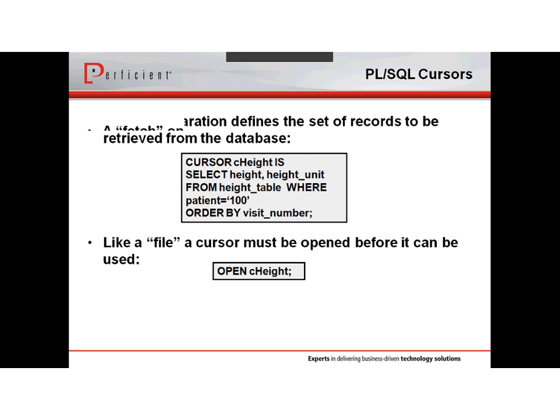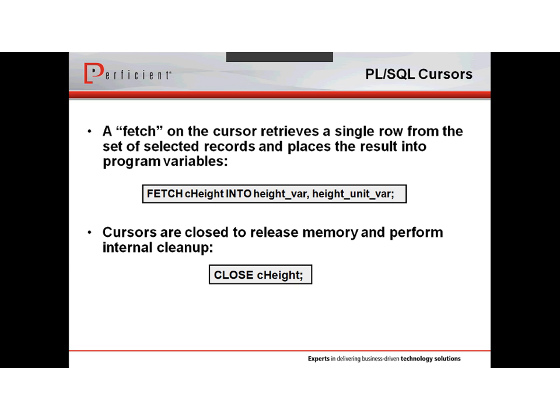Once we have the cursor opened, we're going to fetch from the cursor, and that's going to retrieve a single row of the record selected from the database and place the result into program variables. The syntax might be something like fetch cHeight into two variables, height var and height unit var, and it tells when you fetch what variables to put that data into.